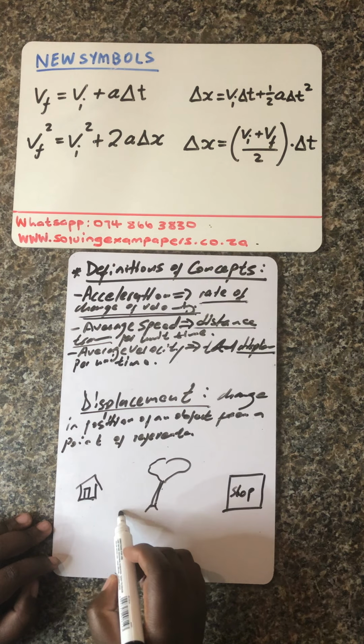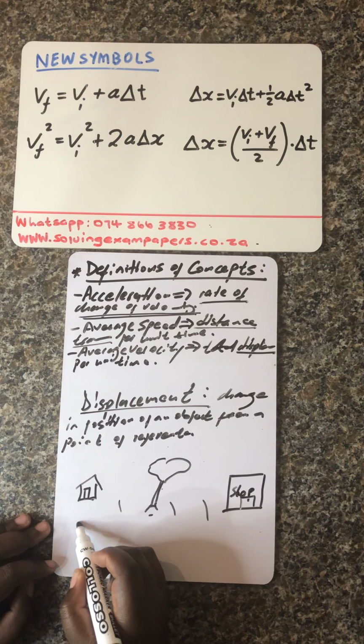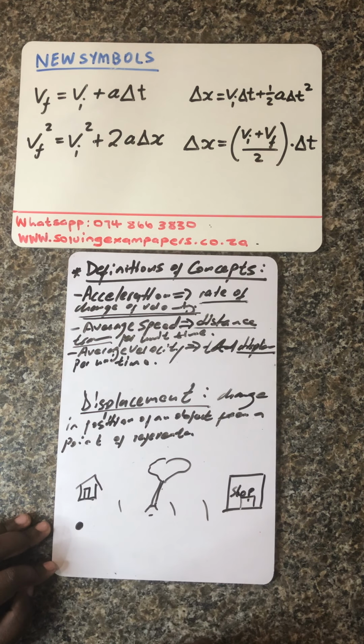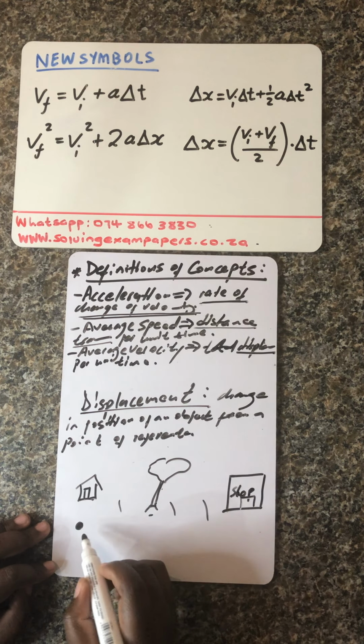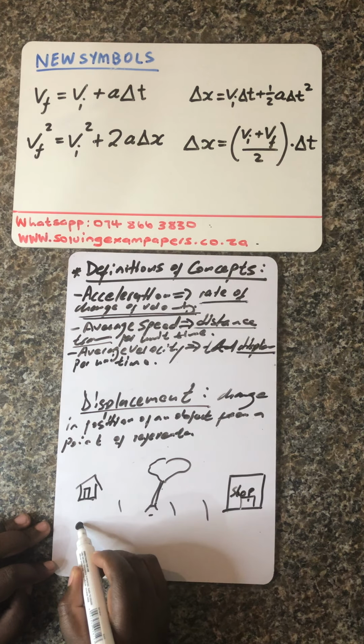then you get to the shop. Okay, so ladies and gentlemen, as far as displacement is concerned, it means from the starting point, which is your home, you walk or you drive, you ride a bicycle.